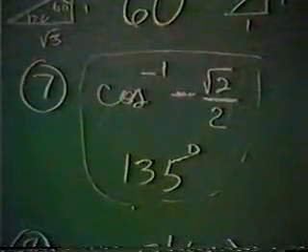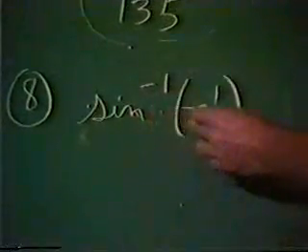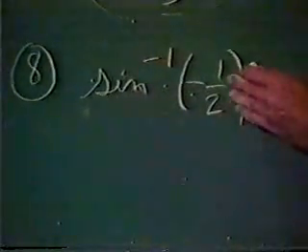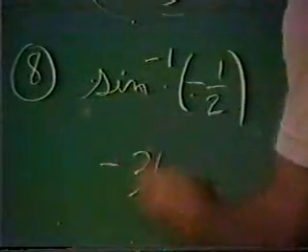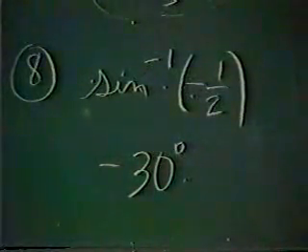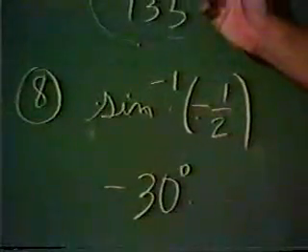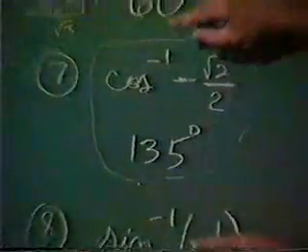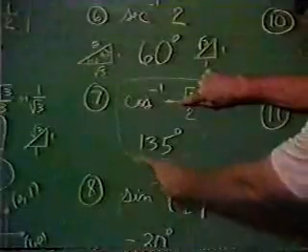All right, number 8. What angle is the sine of minus 1/2? Well, the 1/2 makes it 30 degrees. The negative makes it minus 30 degrees, because of quadrant 4. Now, I'm trying to make a point. If you look at number 7 and 8 at the same time, the minus does not mean that the answer is minus.